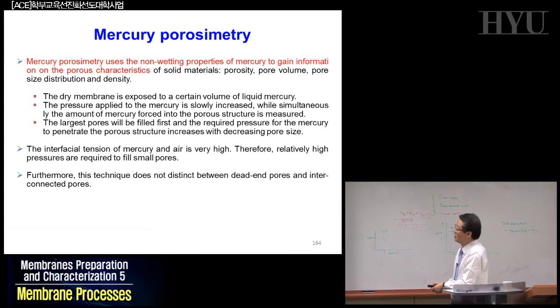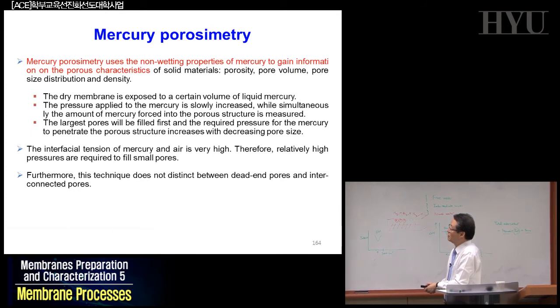Instead of liquid, we can sometimes use mercury to measure pore size. Pore size, pore volume, pore size distribution and density can be measured by mercury porosimetry for dry membranes, not in the wet state.